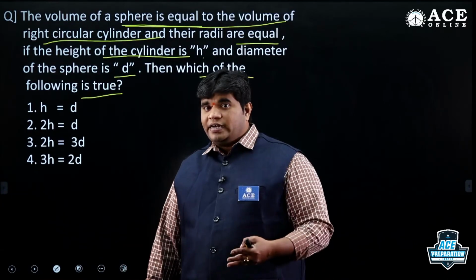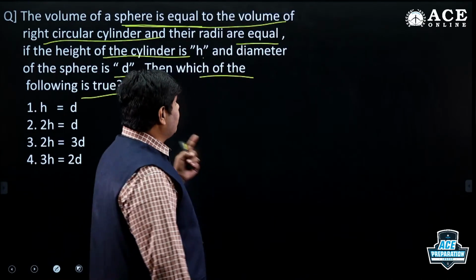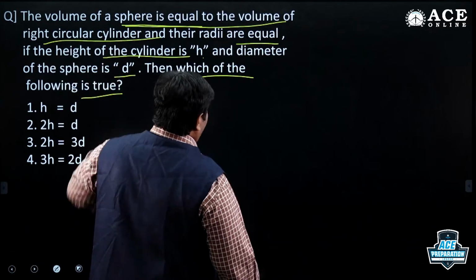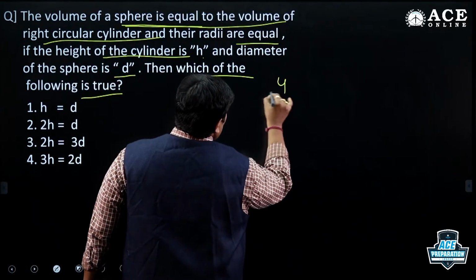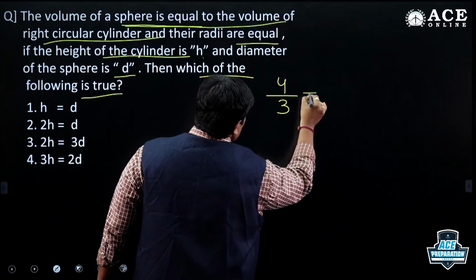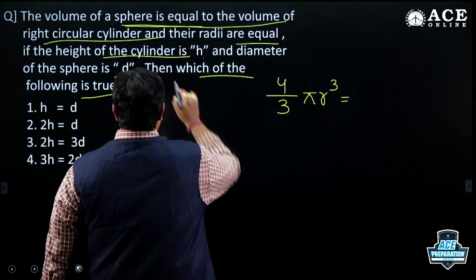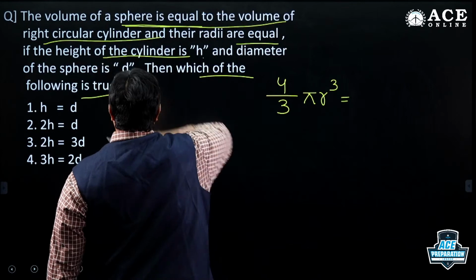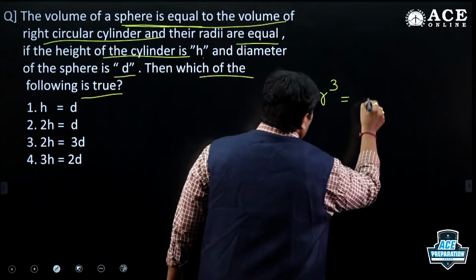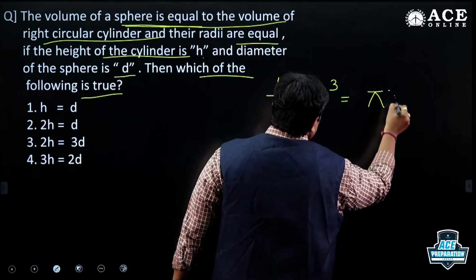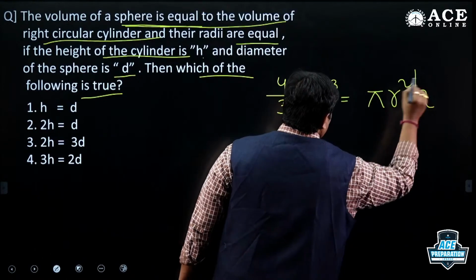They gave one condition. Come to the answer. The volume of the sphere, 4/3 pi r cube, is equal to the volume of the right circular cylinder, pi r square h.